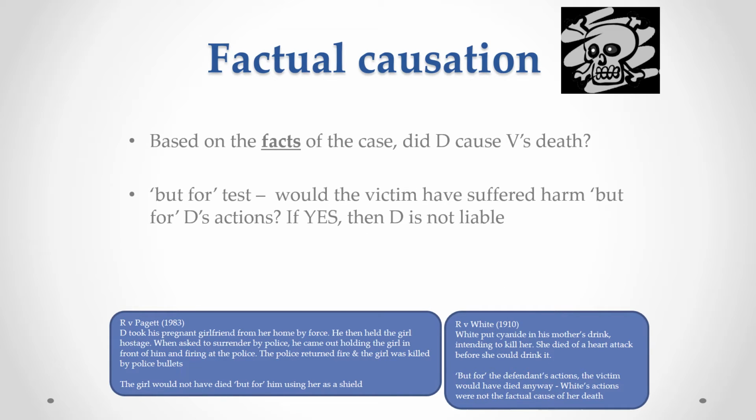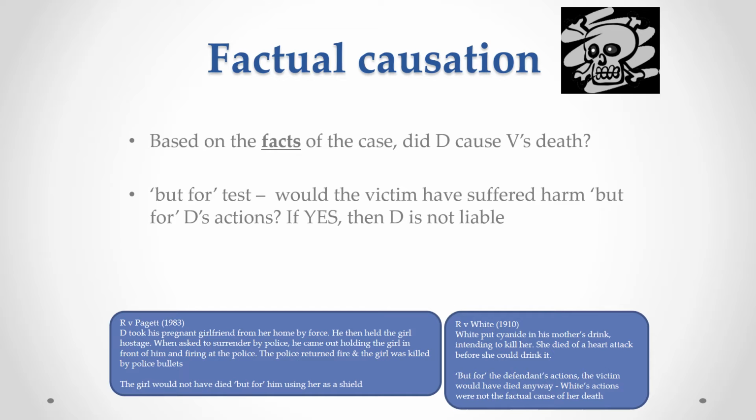And there is a bit of an amendment here that I've made, so just check this against your booklets, please. This is the correct up-to-date version. So we apply the but-for test. So the question is, would the victim have suffered harm but for the defendant's actions?